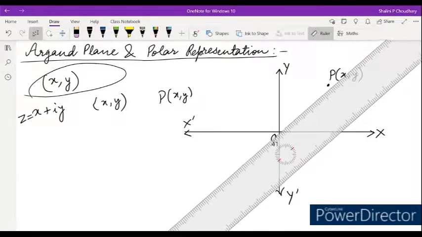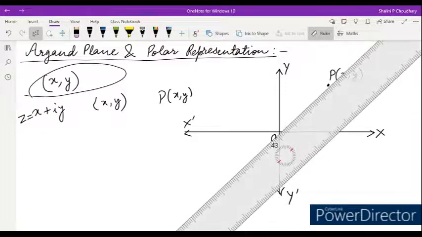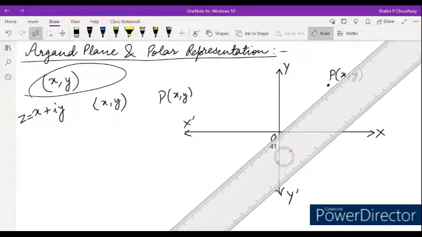Now we'll join this line and see what we are getting.